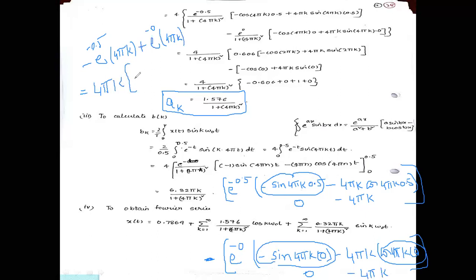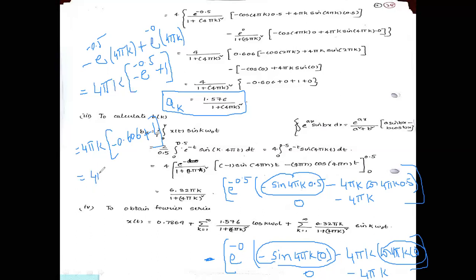Now I can find minus e power minus 0.5 plus e power 0. Anything power 0 is 1. That is equal to 4 pi k into, what is e power minus 0.5? Nothing but 0.606, my dear students. You can use your calculator and find the value of e power minus 0.5. Definitely the value is 0.606 only, plus 1.